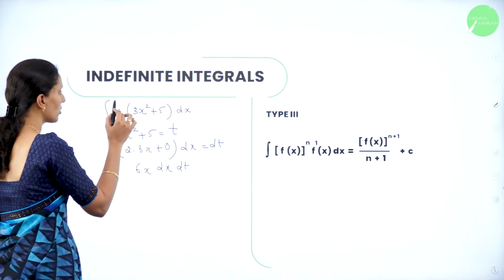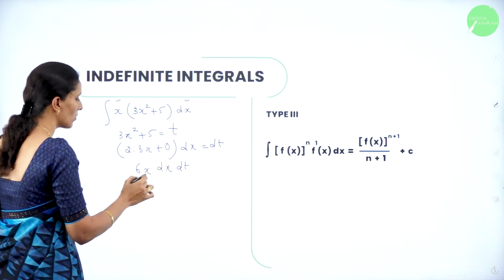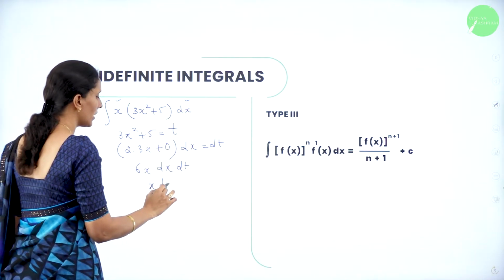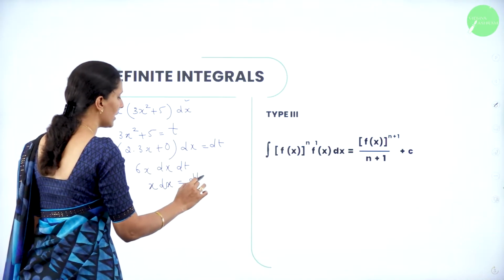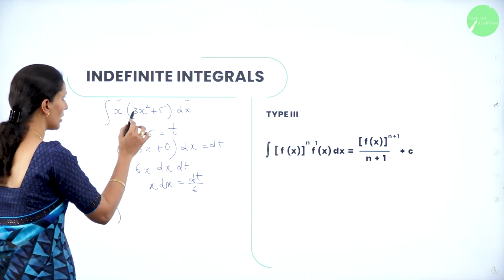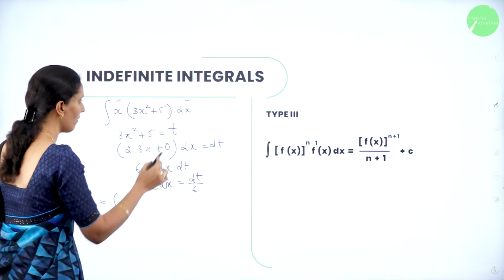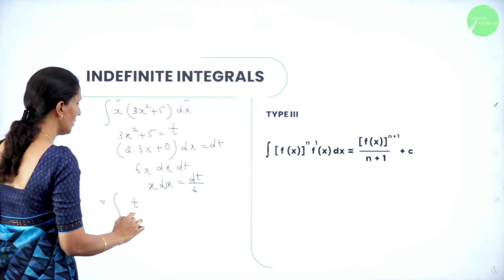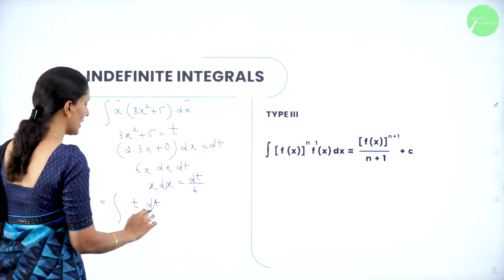Now in the integration I have x and dx, so shift that: x dx is equal to dt by 6. Replace it now. In the place of 3x square plus 5, I can write t, and here dt by 6.